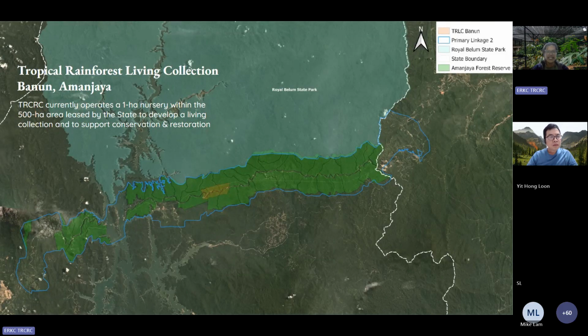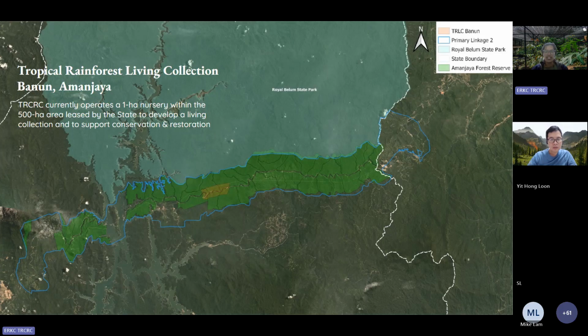On the top we have the Royal Belum State Park, and down below we have Temenggor Forest Reserve. In between, if you are familiar with riding this road, in the middle is the East-West Highway. Actually this highway is in Amanjaya Forest Reserve. Together with the other forest reserve, it makes up the Belum Temenggor Forest Complex.